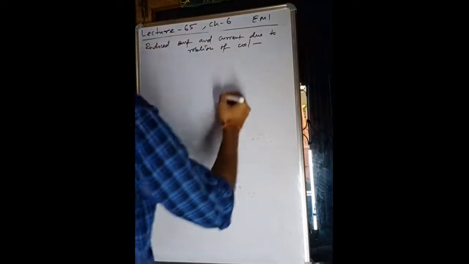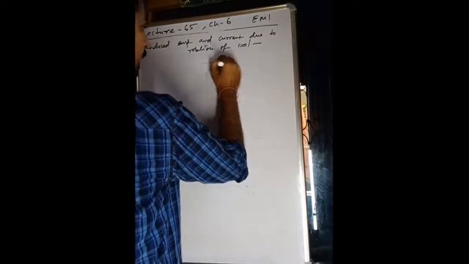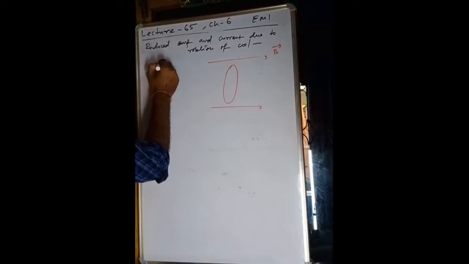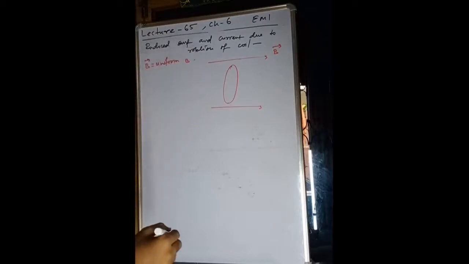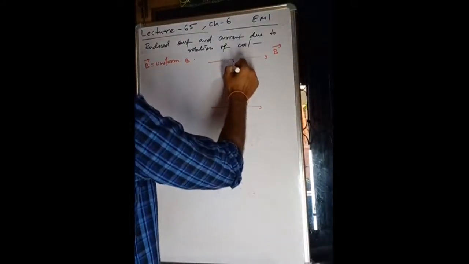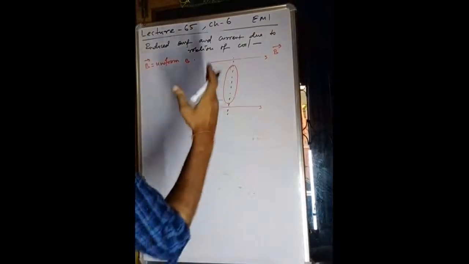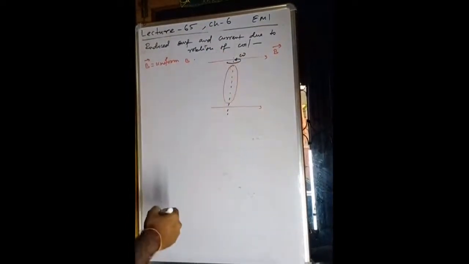Suppose this is a coil and it has been placed in a uniform magnetic field. Remember, now this B is not going to change. Now, this coil is rotating about this axis, one of the diameters, the vertical diameter, and the coil is rotating with speed omega.